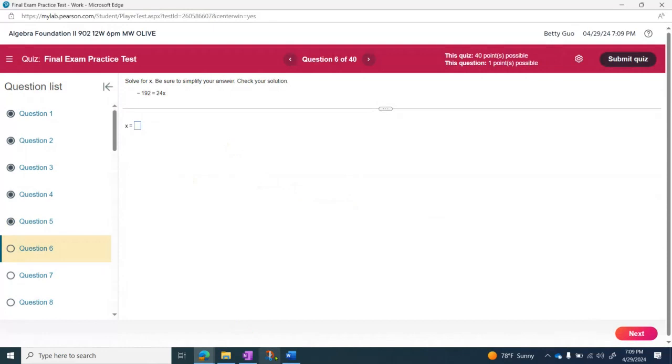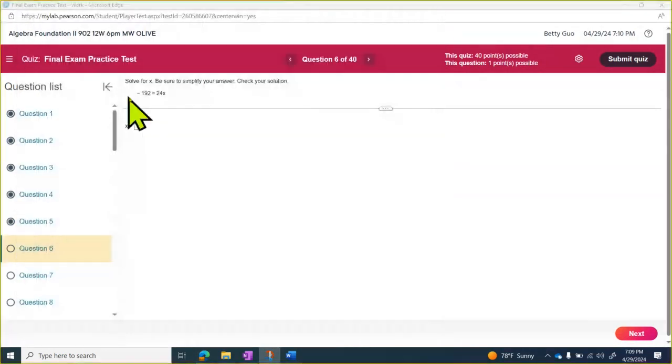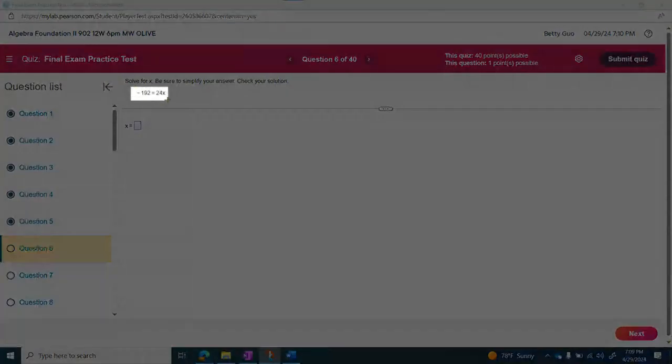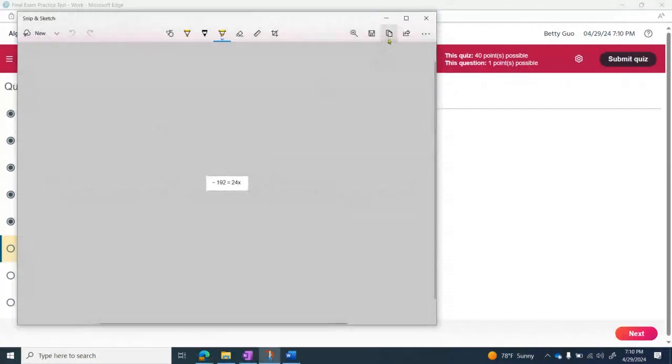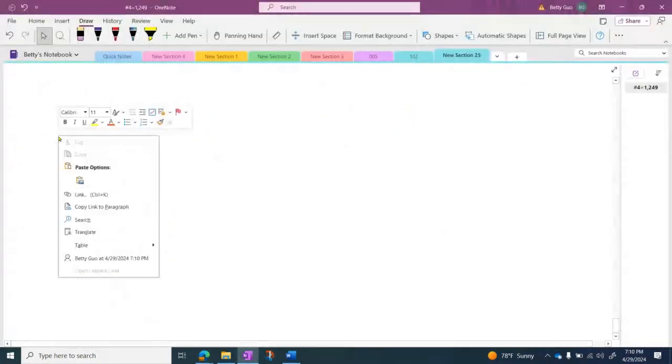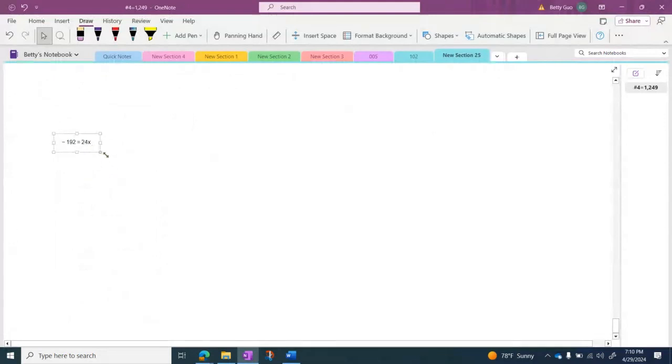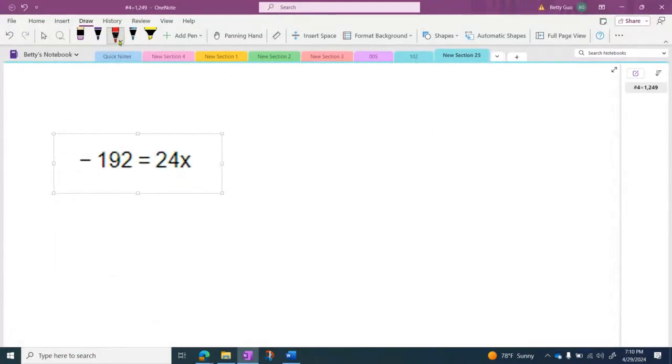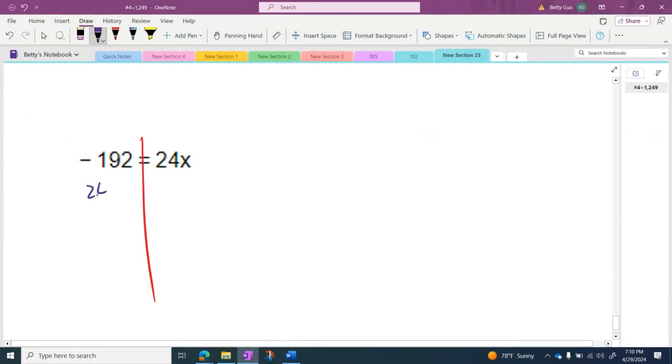solve for x. Let's see. Now we look back, chapter 1, chapter 2. This is chapter 2. It's pretty simple, right? Okay, if you are not feeling comfortable, x is on the right side, you can switch 24x and negative 192, and you make x appear on the left side.